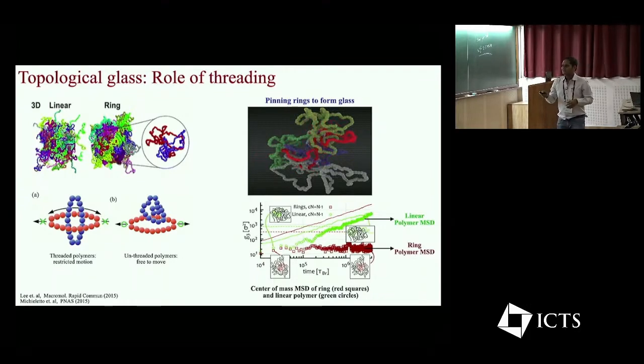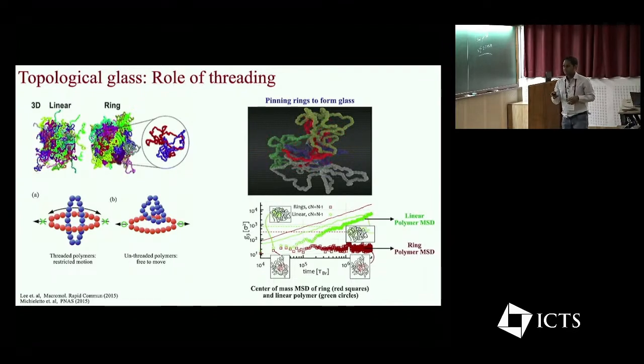We track the center of mass MSD of this ring polymer against time on a log-log scale, and the MSD basically plateaus. So the ring polymer is trapped or caged, whereas with a similar treatment in a linear polymer system the particle always escapes. So topology, the only distinction between these two systems, is responsible for the slowdown.